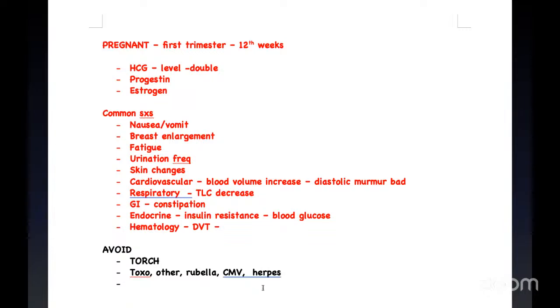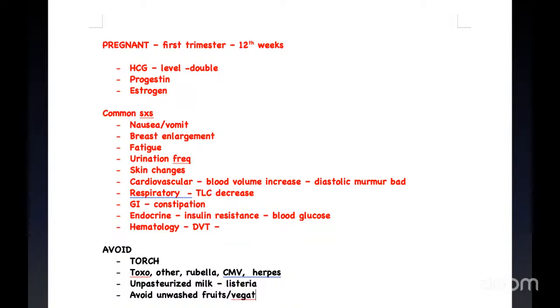You should tell them to avoid unpasteurized milk. Why? It's because of listeria, an organism that can cause infection. Then you should tell them to avoid unwashed fruits and vegetables.